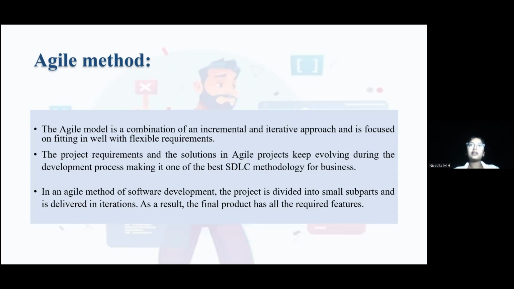In the agile method we take a step-by-step approach: we divide everything into parts, and the first part will be developed first, then coded, then released, then we get the feedback from the customer, and then we develop the second one. Until the first one meets the requirement, it will be tested again and again, and feedback will be taken from the customer.